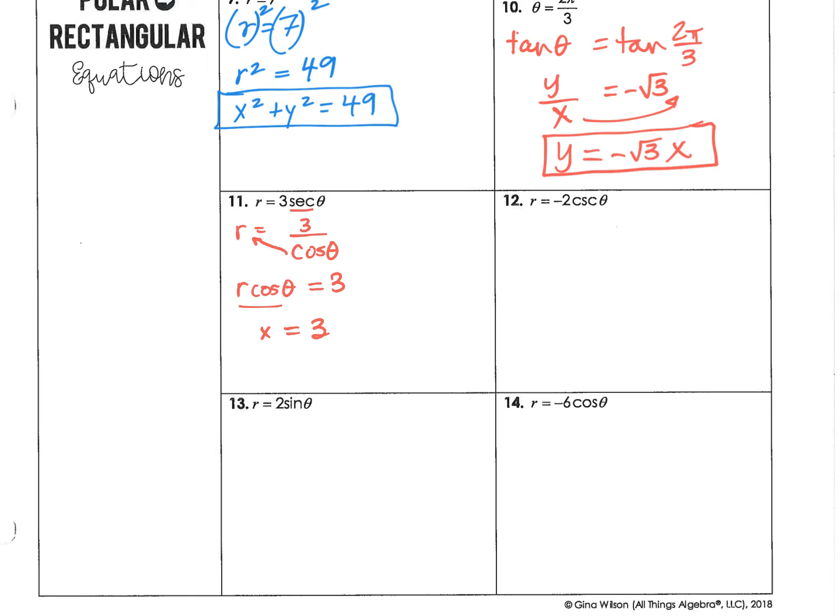So why don't you try number 12, since it's analogous to it? Well, that's in terms of x and y, isn't it? That's rectangular. If you take all the r's and thetas and get x's and y's in there instead, as long as the r's and thetas are gone, you're done.